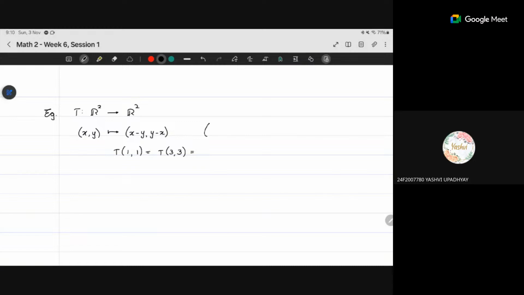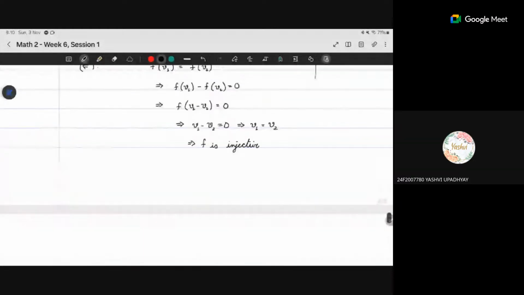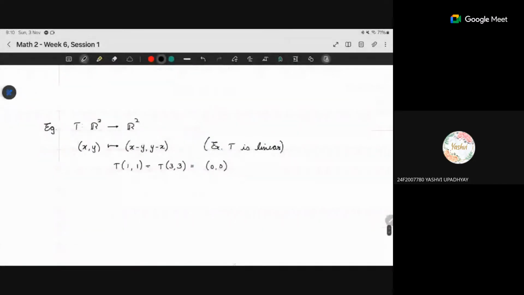First of all, this is linear. Exercise: T is linear. You have to check this. Only after that you can see that 1 comma 1 and 3 comma 3 both of them go to 0 comma 0. But using this result, what you can do is look at what are the vectors in R2, the domain, which are mapped to 0.